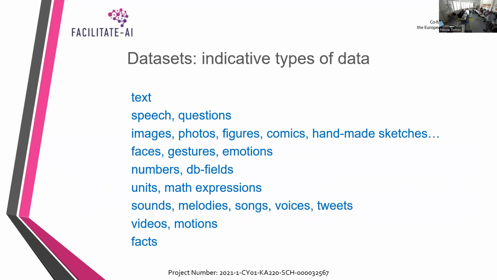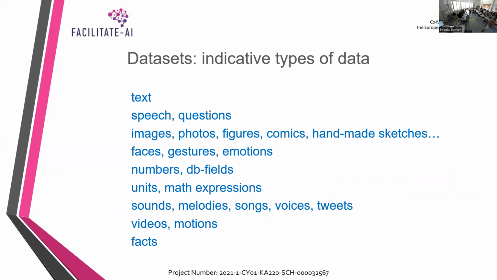So, what are the types of data sets? What does data set mean? Okay, of course, we have text, we have speech, we have questions to the machine, we have images, photos, figures, comics, faces, our faces, gestures, emotions. We have, of course, numbers, databases, fields. We have units and math expressions. This is very important.